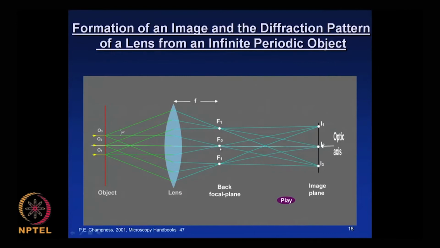F0 is the principal focal point, and F1 and this is supposed to be F1 dash, they are the other points. These points are nothing but a diffraction pattern. Each of these focal points is called a diffraction pattern, and this plane is called the back focal plane.